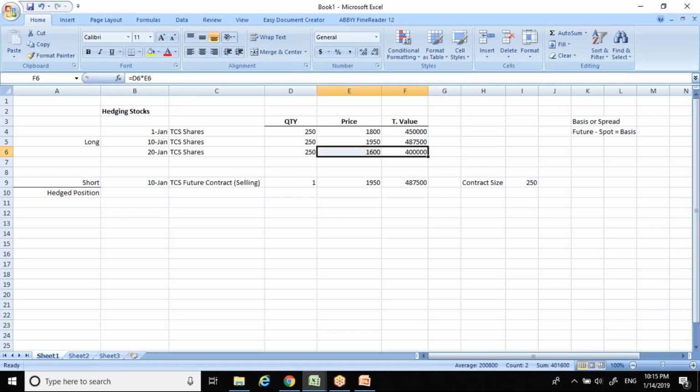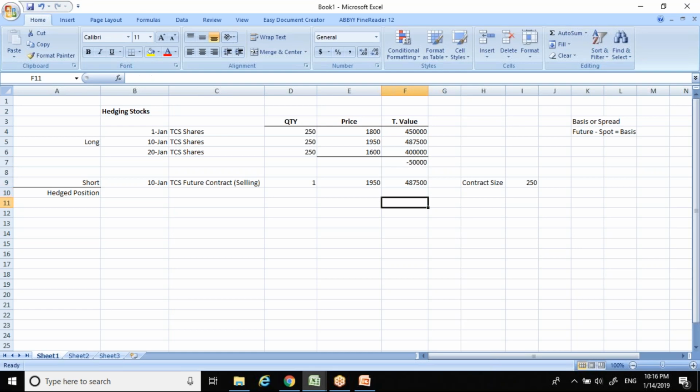You initially purchased at this price and the price went to this. So, selling price minus the buying price. So you had a loss of around 50,000 here.